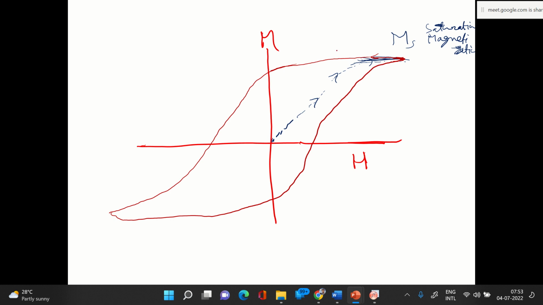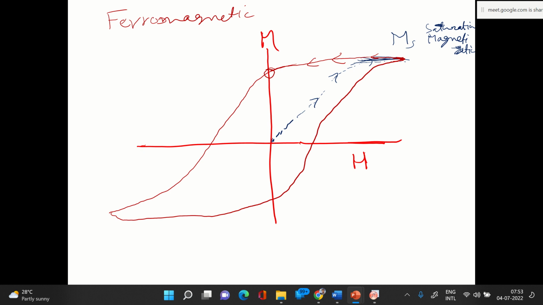So we are reversing the direction of the magnetic field, and then when we bring it to zero, this is the ferromagnetic behavior that I am describing through the graph. In a typical ferromagnetic substance this happens.